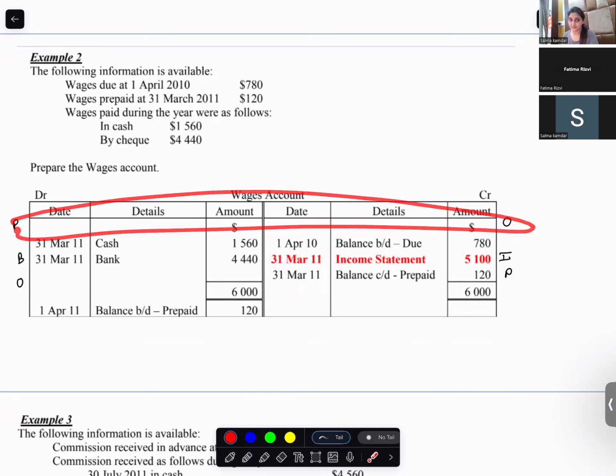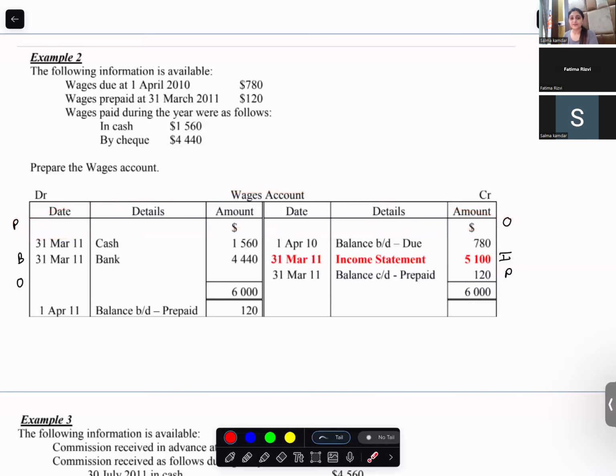The balance brought down, prepaid and outstanding on the first day. What does this represent? Prepaid and outstanding on the last date. What does this represent? Bank and income statement. Bank represents money paid during the year, and the income statement represents the expense for the year.